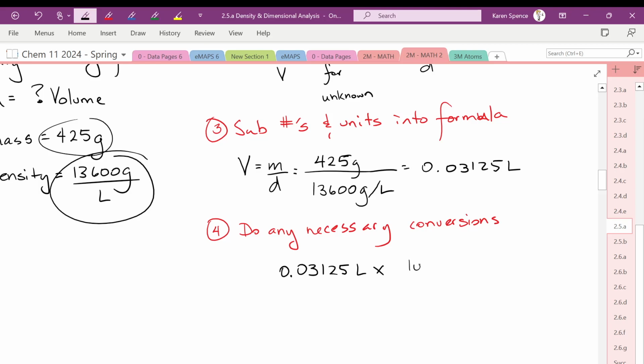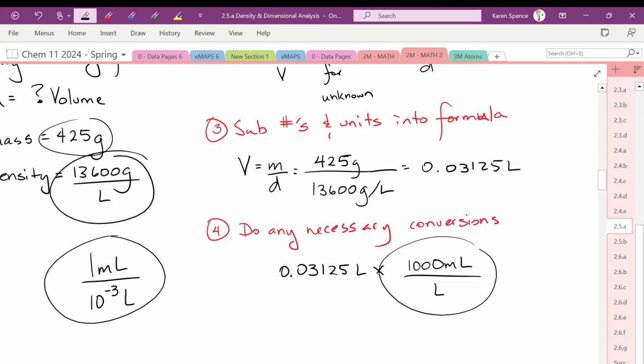If you like using 1,000 milliliters per liter and you think that's way easier than 10 to the negative 3 liters per milliliter, or 1 milliliter per 10 to the negative 3 liters, you go for it, no problem, because we're really familiar with that one, I hope. And you get 31.25, and then you round it to correct sig figs, 31.3, and you say, hooray, I am done.